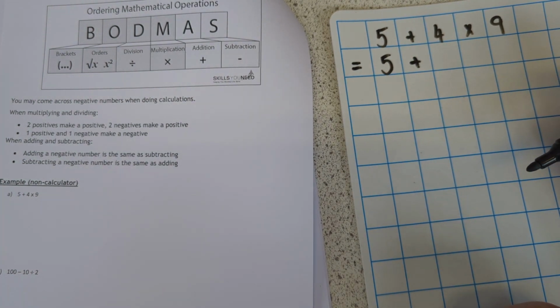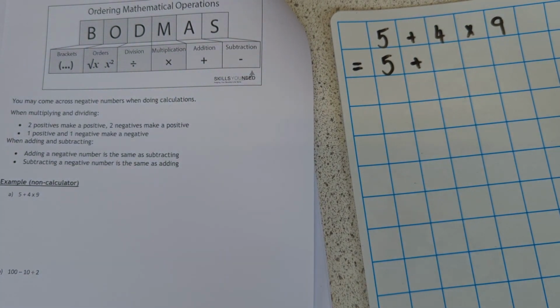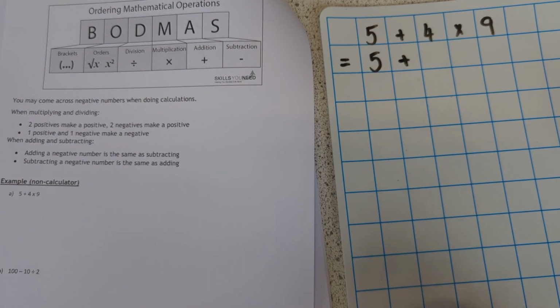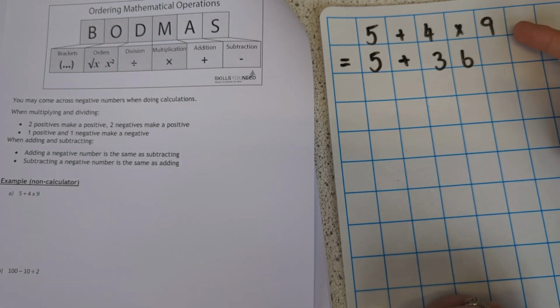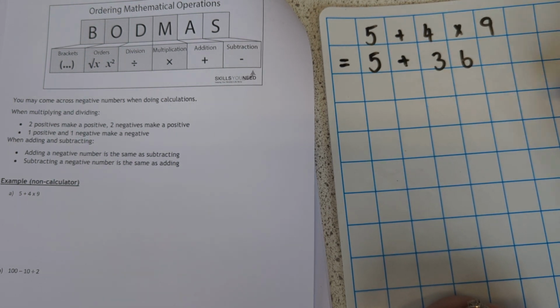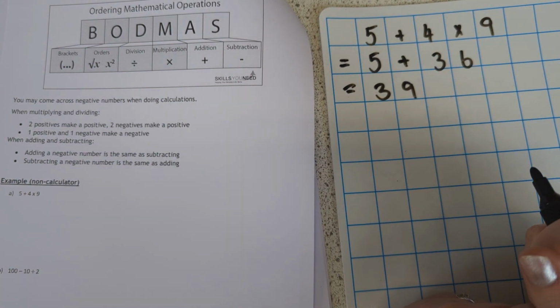I'm not dealing with the 5 or the adding yet, okay? Because I need to deal with the multiplying first. So I just write the 5 again. Then I do 9 times 4, which is 36, okay? And I'm just writing that below 4 times 9, so that instead of writing 4 times 9, I'm just writing the answer to that problem, which is 36. Then I can write my answer, which is 39, okay?